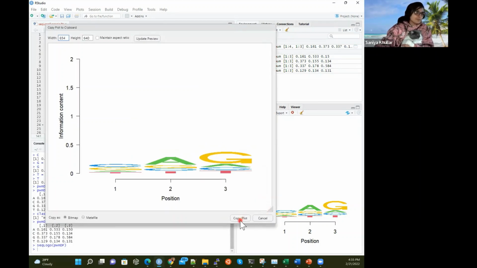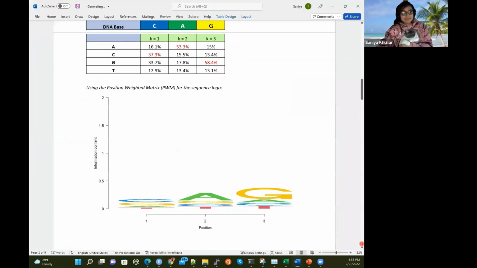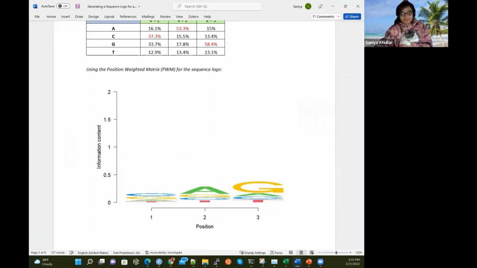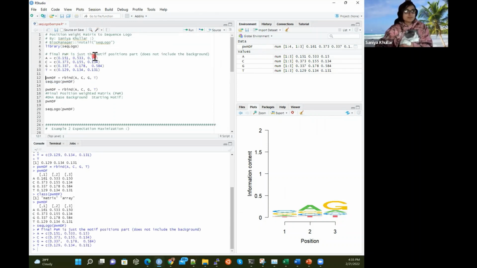And don't worry if you don't have them summing up to 1, or if you make a little typo, because this little software is going to tell you that you made a mistake and they're not summing up to 1. For instance, before I had made this 0.151, so they weren't summing up to 1.